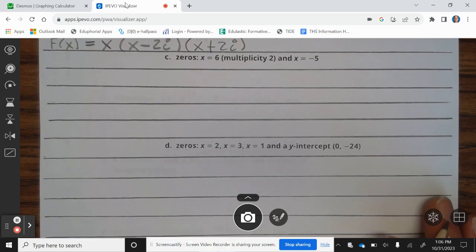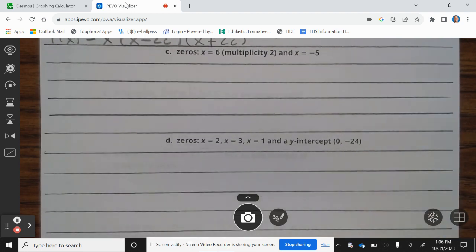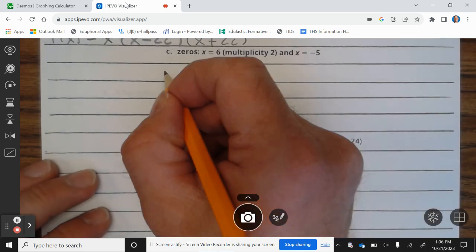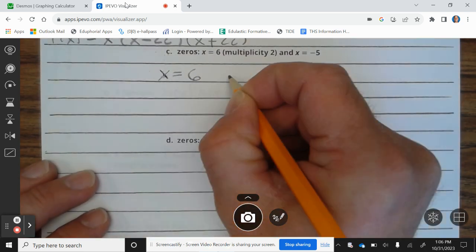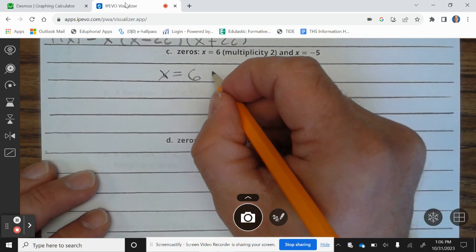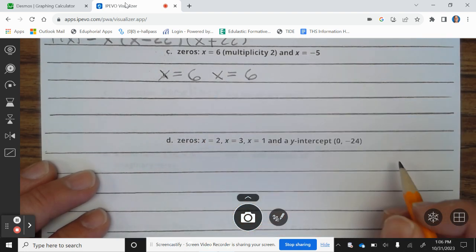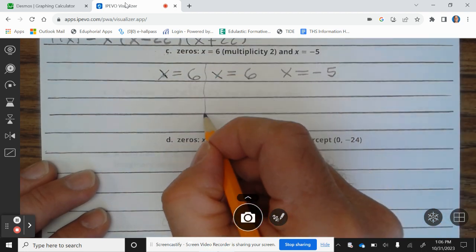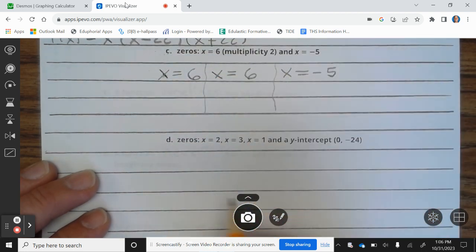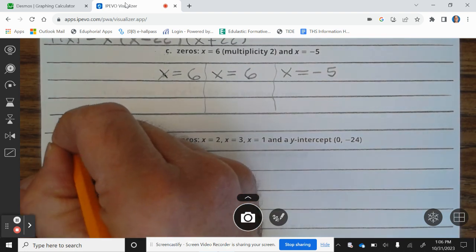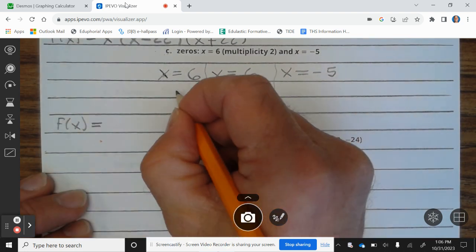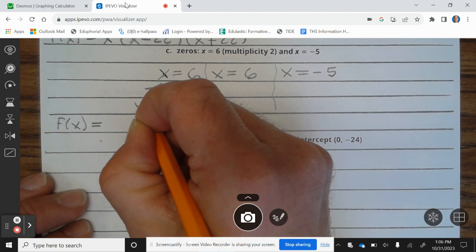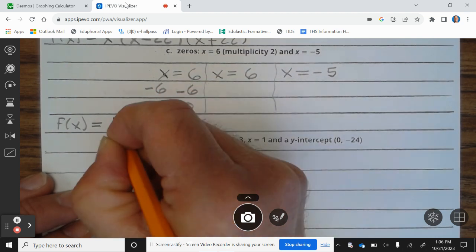All right, let's take a look at, I'm sorry, 5. Last one was 5b. This is 5c. So the zero x equals 6 has multiplicity of 2. So that's x equals 6 twice. And then x equals negative 5. Okay, to find our function, we subtract 6 from both sides. You get x minus 6 equal to 0.